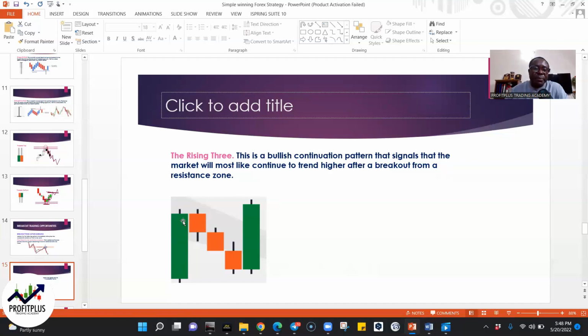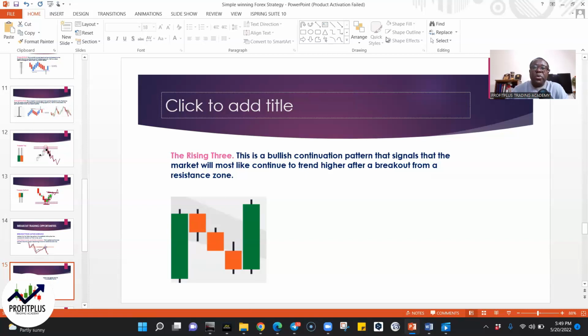Now you see the bull candle approaching the resistance area, and then it drops, forming these three short candles. These three short candles will form within the length of this. It shouldn't go below.